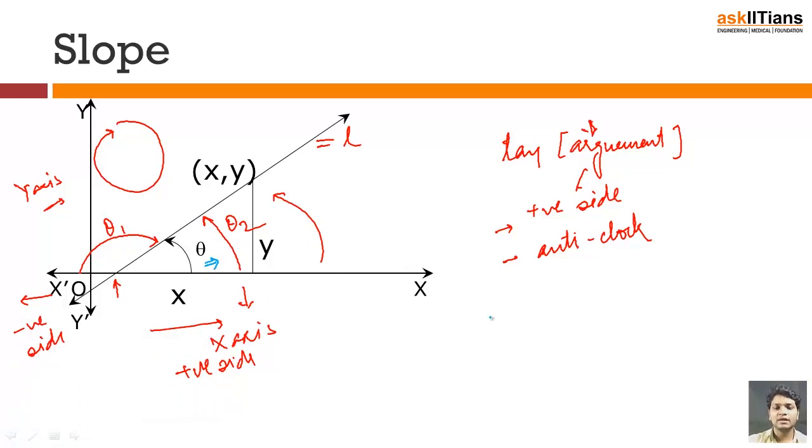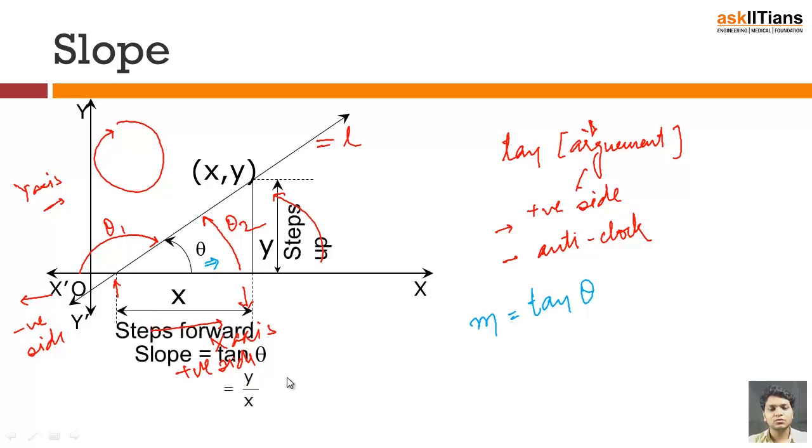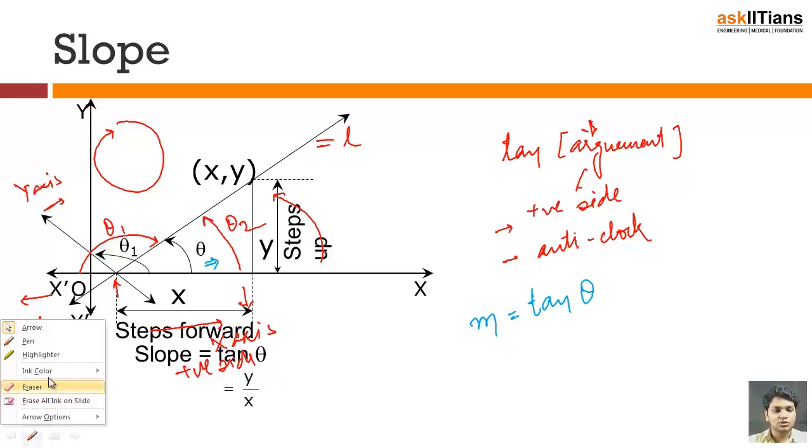So the slope of this line, as generally denoted by m, will be nothing but tan of theta. So this is how we have defined that slope is tan of theta. And from the previous picture, what I have said is y by x. Y is the number of steps in the vertical motion and x is the number of steps in the horizontal.